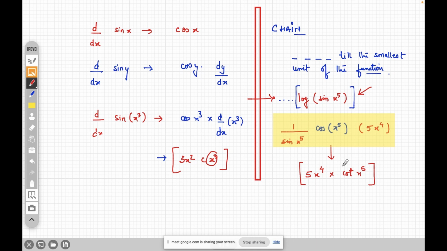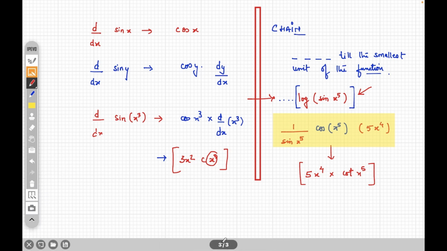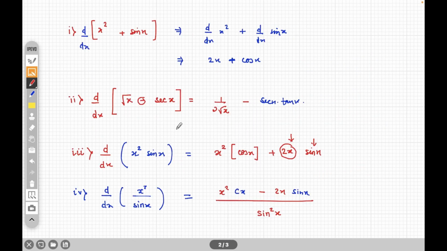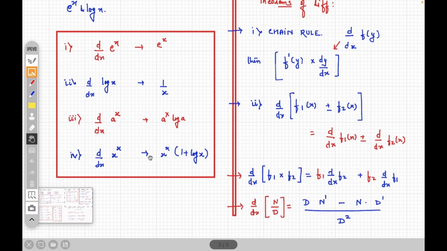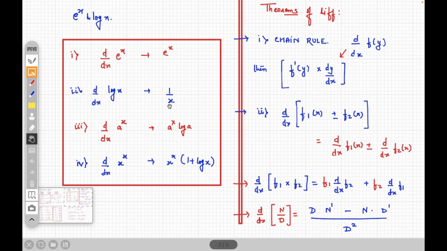Did you get the question? Yes, sir. The question has three layers. First layer is of log, second of sine, and third, the last element, x to the power 5. Yes or no, dear? Yes, sir. From our previous notes, we are very clear that when we will hit log, it will become 1 upon whatever inside.